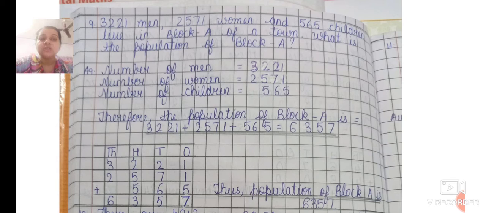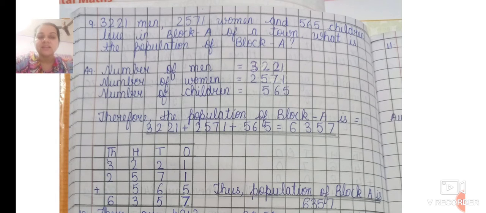Population means total number of people. How many people live there? Men, women and children together is called population. So you will write the answer. Number of men is equal to 3221.